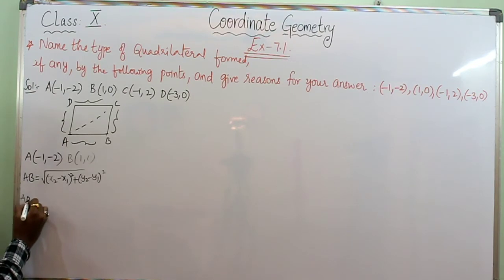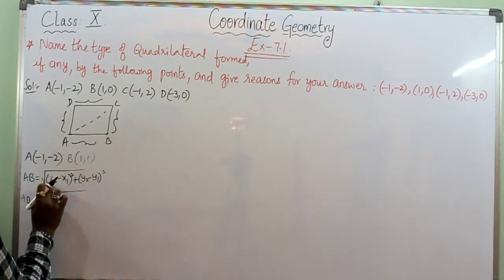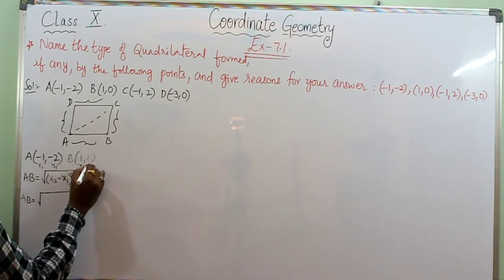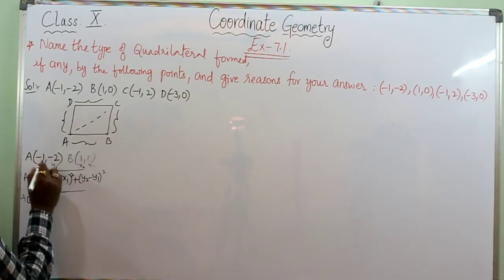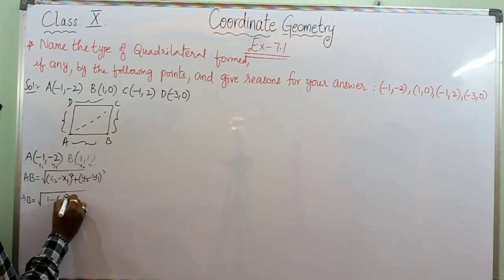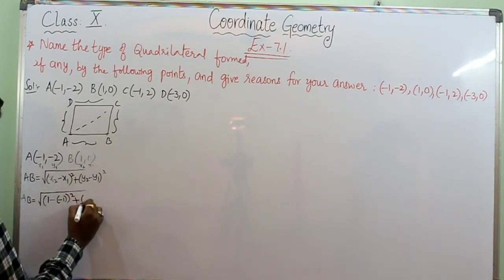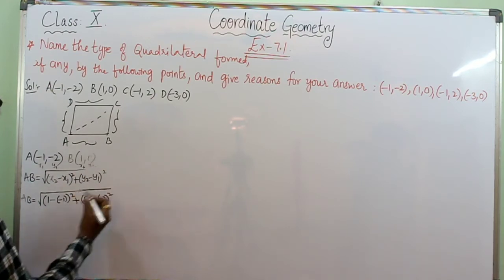So AB is equal to square root of (1 minus (-1)) whole square plus (0 minus (-2)) whole square.